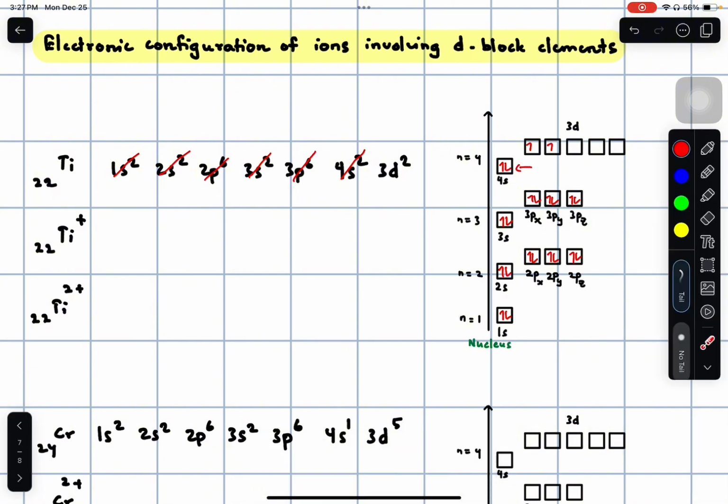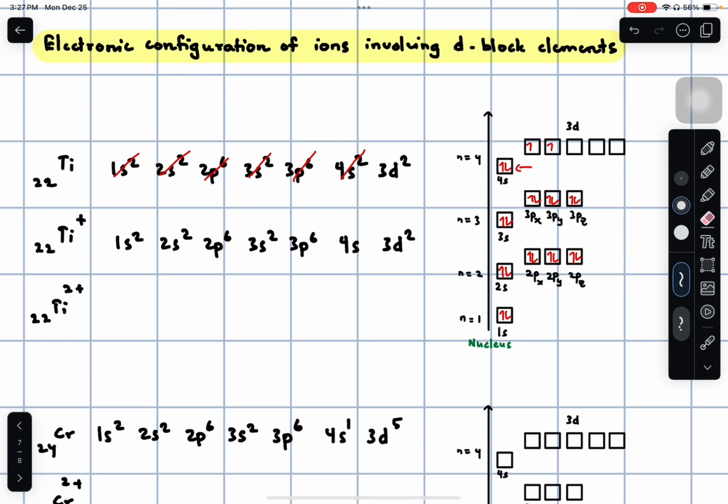It would make sense to you that since we fill in the 4s atomic orbital first before the 3d atomic orbital, when it is to lose an electron to become a positive ion, the electron is going to leave the 4s atomic orbital first. That's why the electronic configuration of titanium ion would be 4s1, 3d2, because we'll take away an electron from here first.